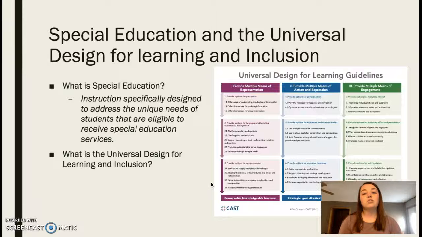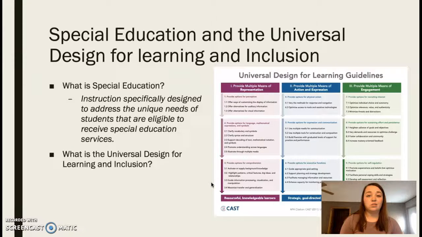Also, the universal design for learning is a way to provide means of representation, action and expression, as well as engagement within the classroom. So making sure that there are ways for your children in the classroom to feel represented and understood, as well as physical activities and things like that where children can be active and express themselves, as well as keeping students engaged within the classroom.